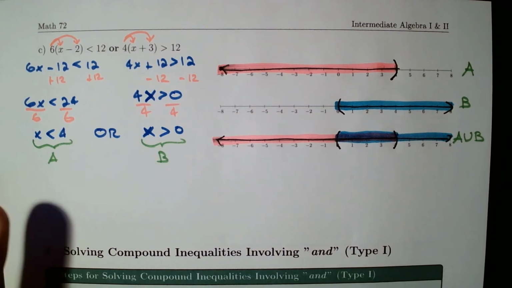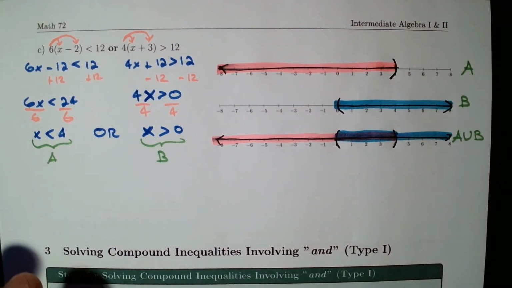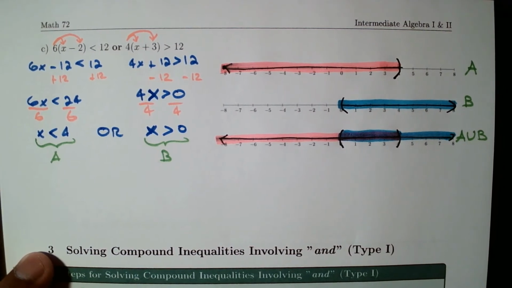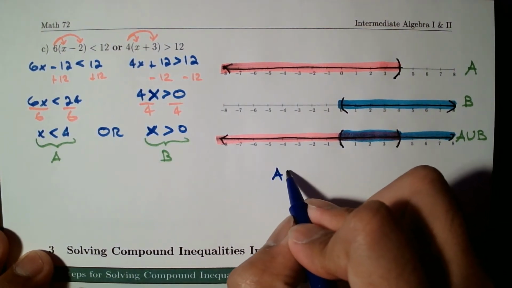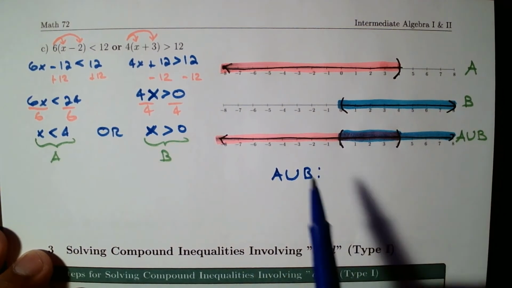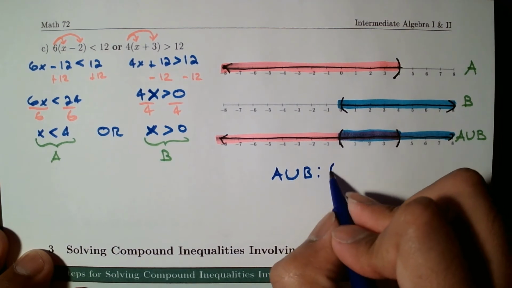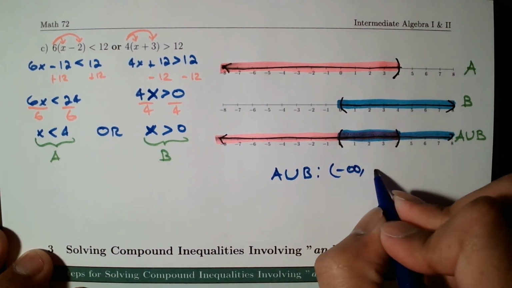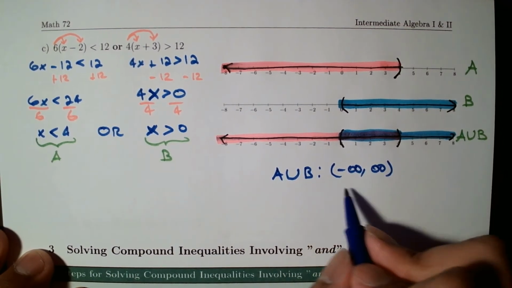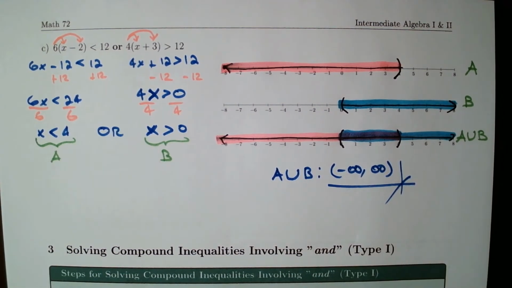And in this case, we're looking for the union, which by definition is all the elements that are in either A or B or both. In this case, that's the whole thing, which is negative infinity to positive infinity.